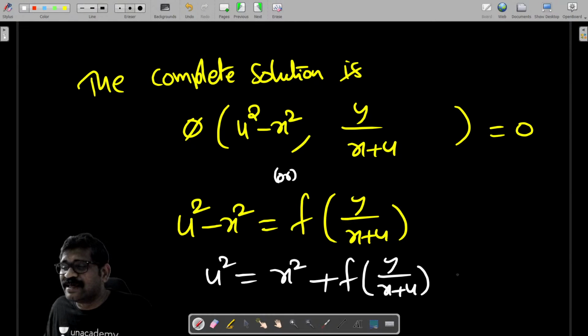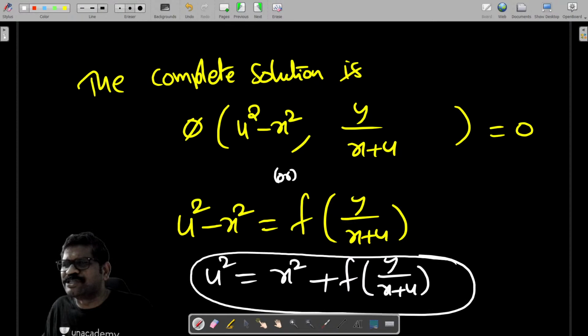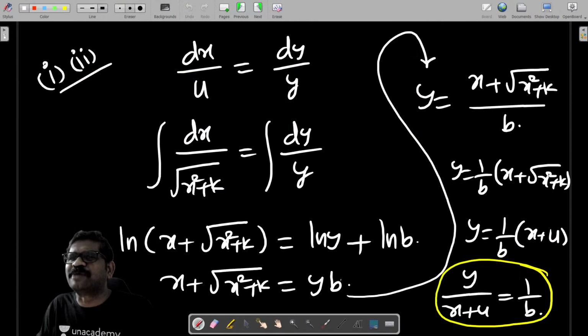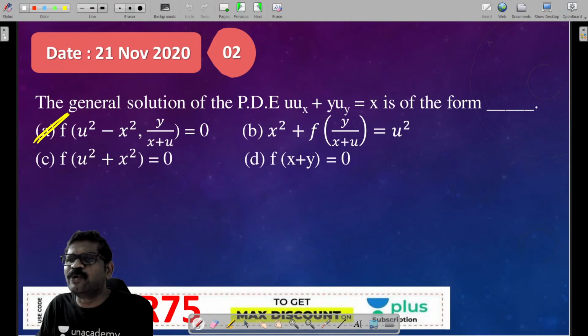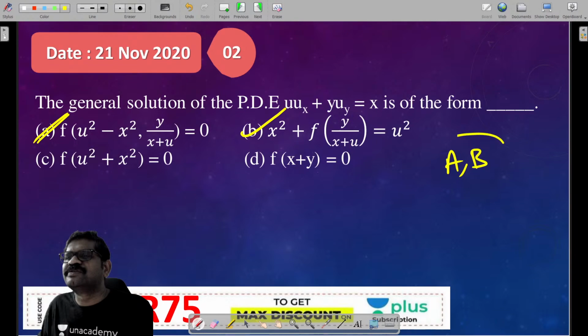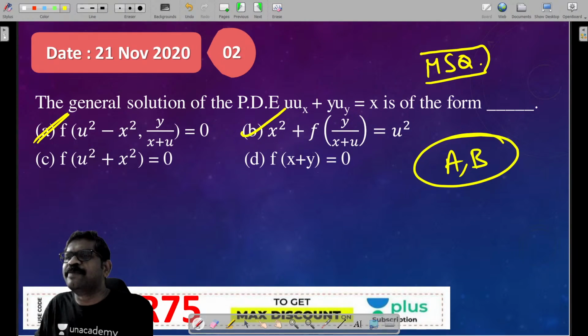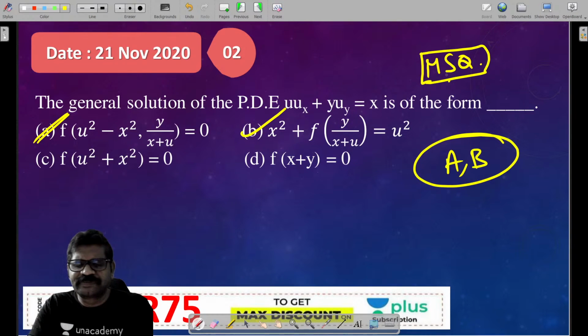This is writing the solution in another form. So this is one form, this is another form. So two forms are given in first option and second option. So both first option and second option are correct. Both A and B are correct. MSQ, both A and B are correct in this problem.